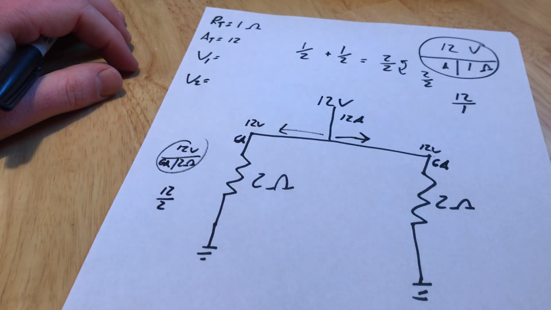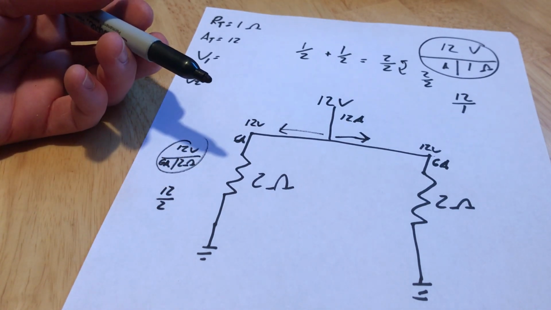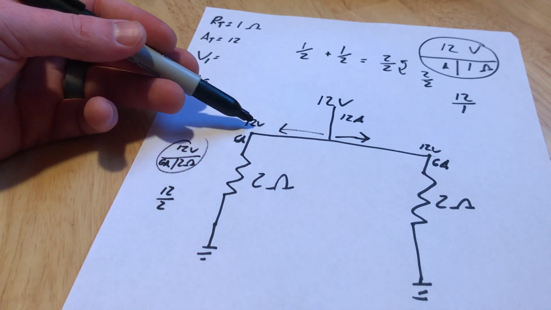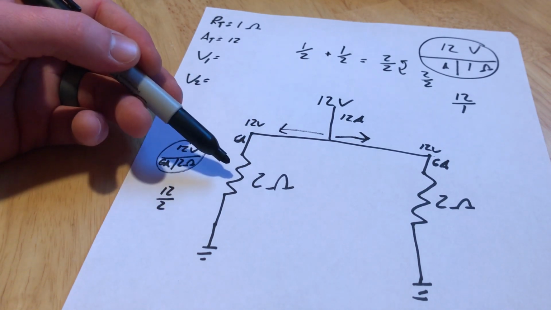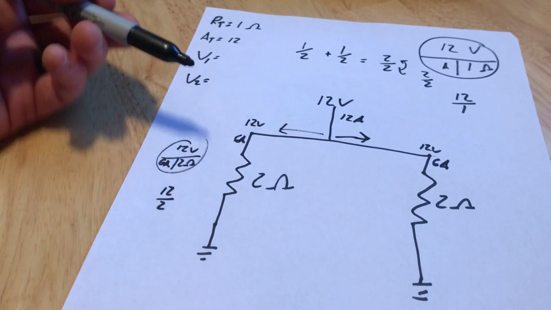So now I can use that to figure out my voltage drop. Any guesses on how much voltage we're going to drop? We've only got one resistance, so we almost don't even really need to do the math. And by almost, I mean we don't have to do the math. We have 12 volts here, one resistance, guard and ground basically. I should drop all of this before I get there.